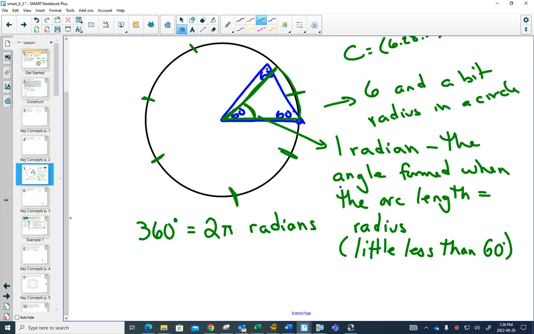If you wanted to figure out what 1 radian was, how could you do that? You would have to divide this side by 2 pi. So you'd have to divide this side by 2 pi.